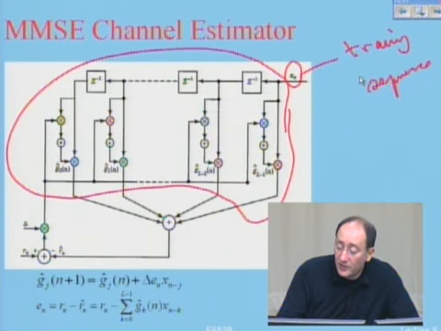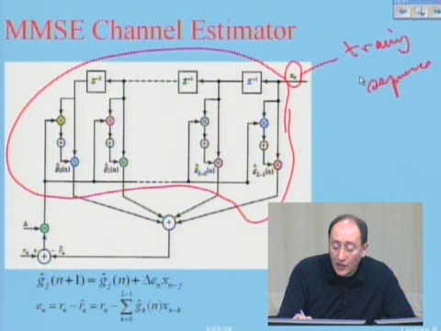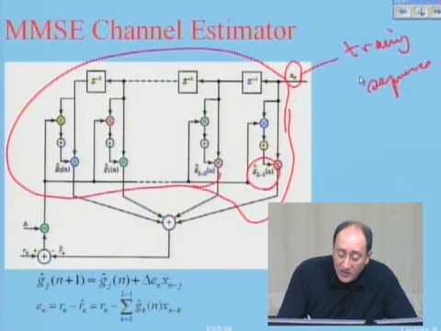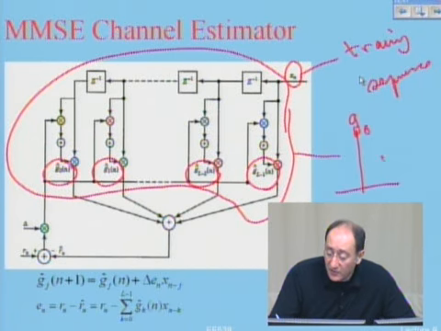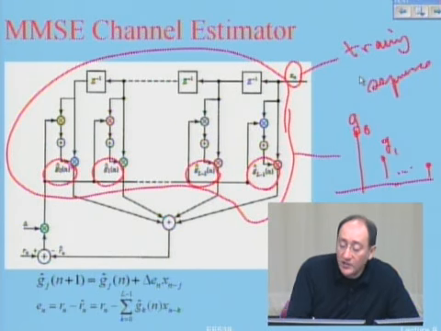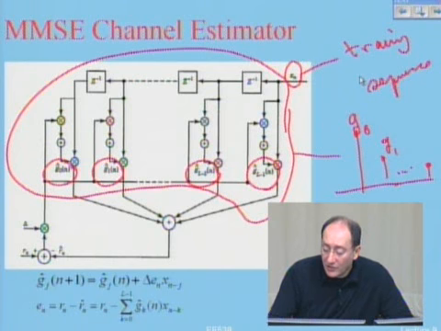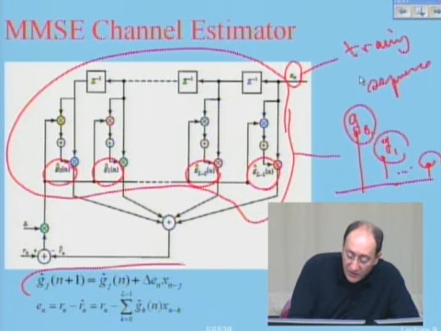This is truly another FIR filter whose taps are adjusted by these values. So if you want to say the impulse response of this filter is G0, G1, etc., how do you calculate G0, G1, Gn? According to this equation.